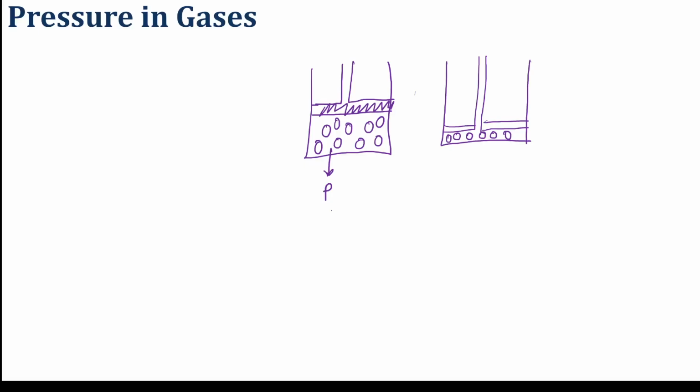Now, if the gas temperature is not allowed to change and you try to push this cap inside so that you have decreased the volume, can you see the volume has decreased, and let's say the new volume has now become V2. So you have applied a force, and because of that force there has been some displacement, so you've done work.